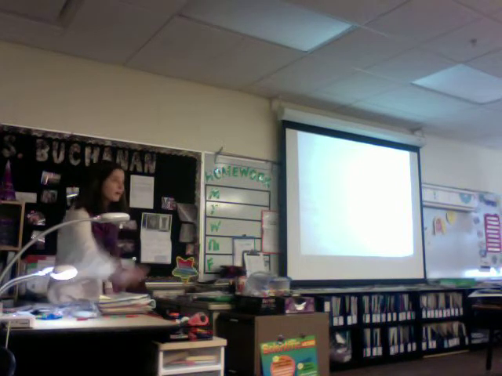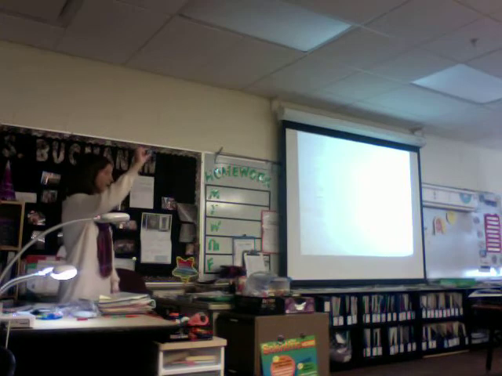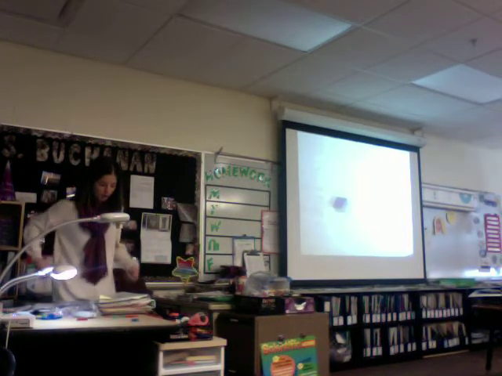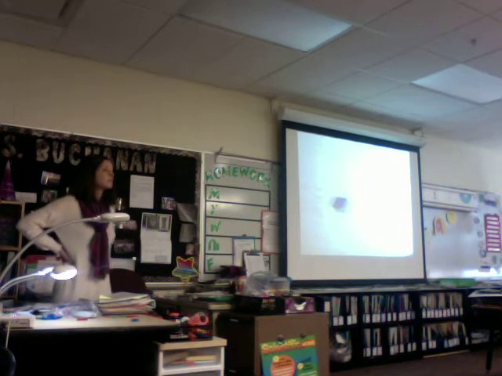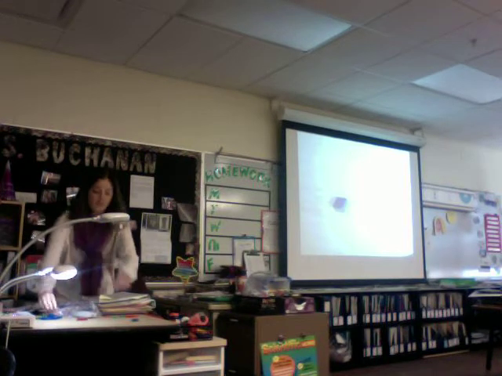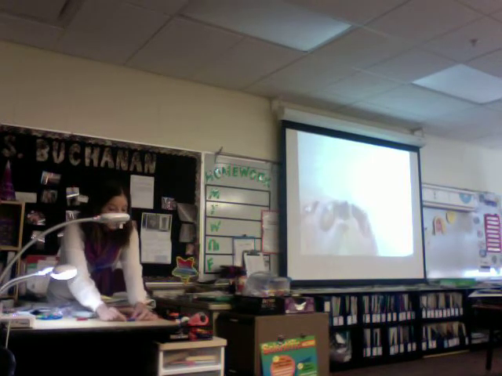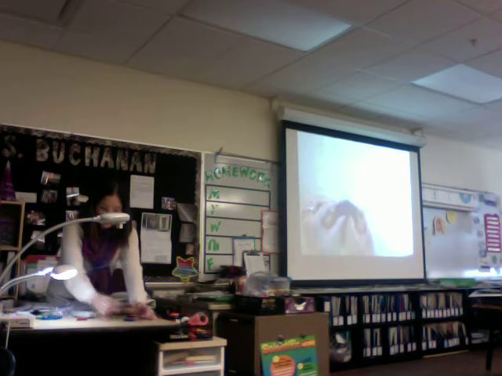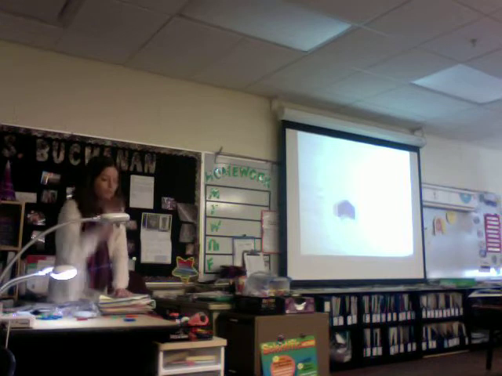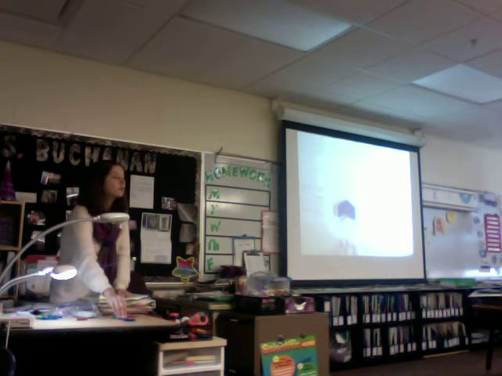Let's look at another one. If a rhombus, so this piece right here, is 1/3, what shape is 1? So I have 1/3 plus another third, which makes 2/3, plus another third, which makes 3/3, which also means what? What is 3 over 3 equal?